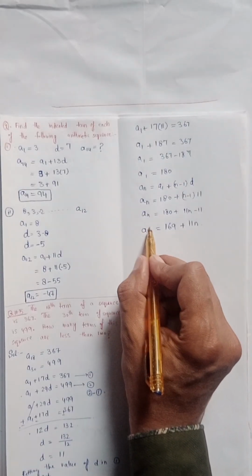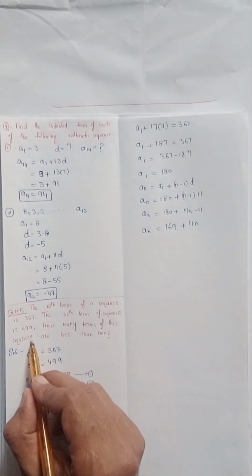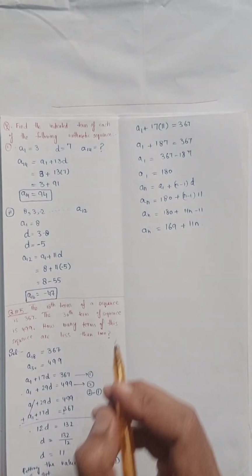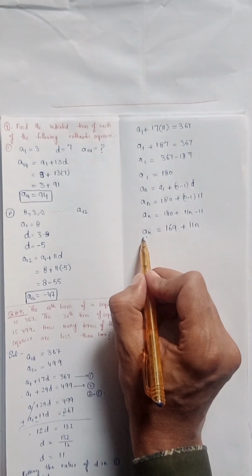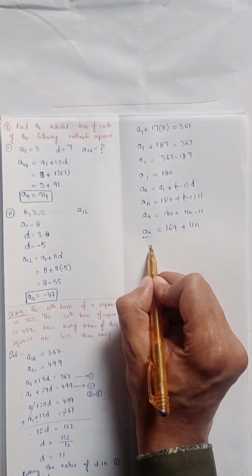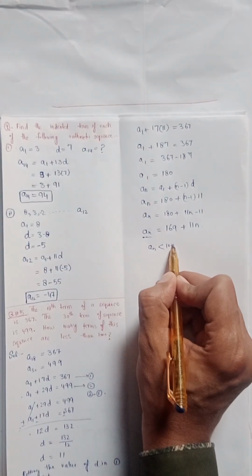Now, how many terms of this sequence are less than 1000? So we have to put the nth term less than 1000, means an should be less than 1000.